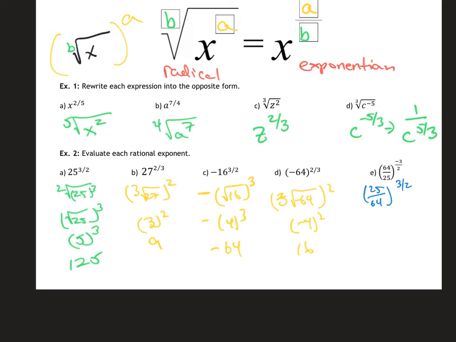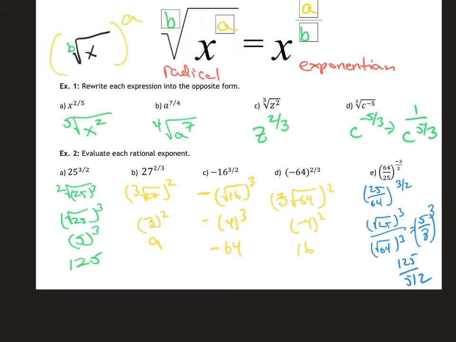So that negative just means flip the base. So I got the square root of 25 to the third power over the square root of 64 to the third power. So I got 5 over square root of 64 is 8. And you're gonna raise them all to the third power. So you end up getting 125 over 512.